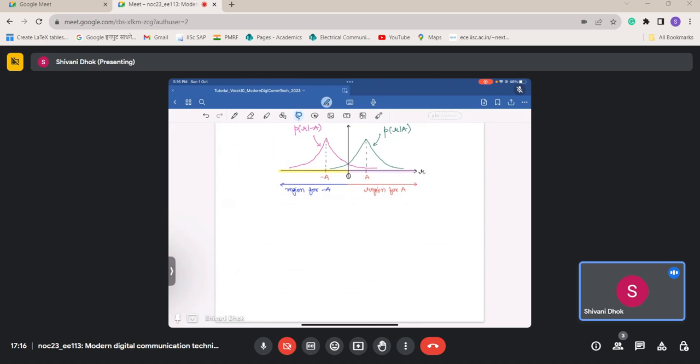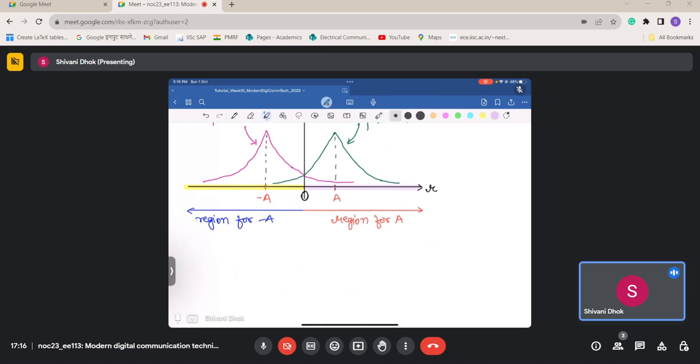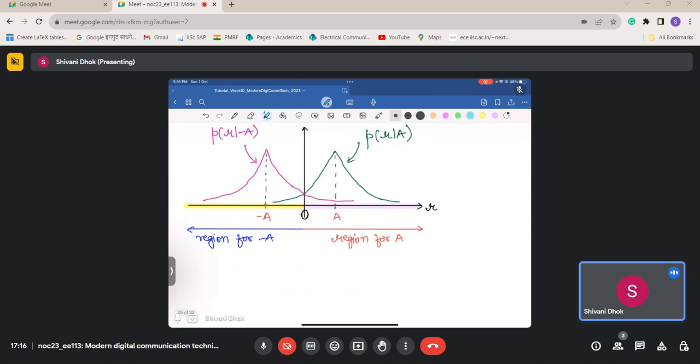Now, when will an error occur? An error will occur when we are transmitting A but we are detecting minus A. That is, we are in this region. So the error region given A transmission will be basically this region.